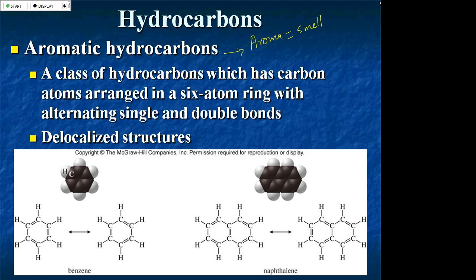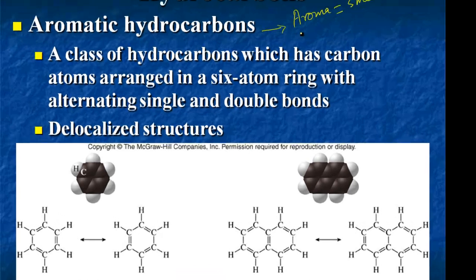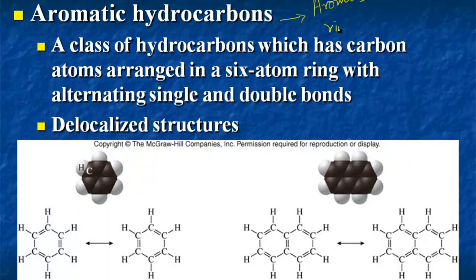So for aromatic hydrocarbons, you can remember aroma, so they have smell, and structure-wise they have the ring structure. So the class of hydrocarbons in which carbon atoms are arranged in a six-atom ring with alternating single and double bonds are called aromatic hydrocarbons.